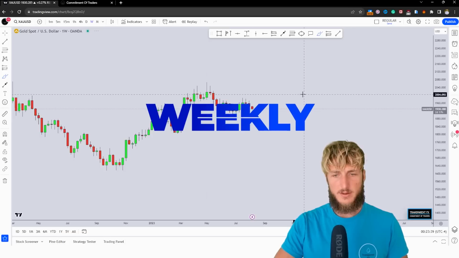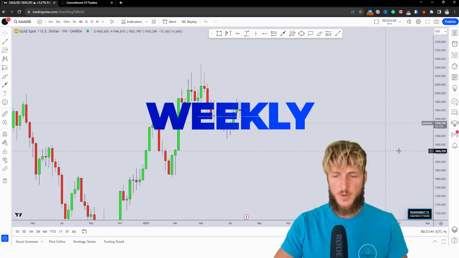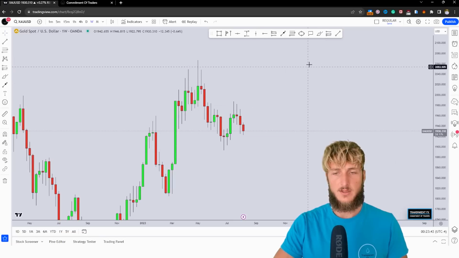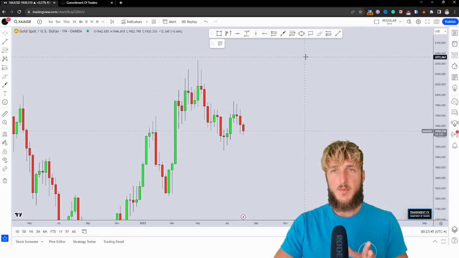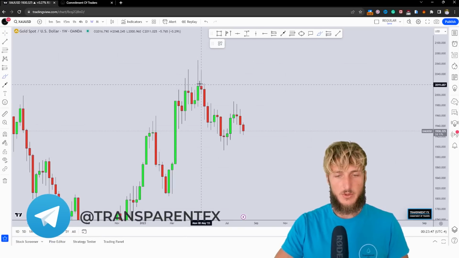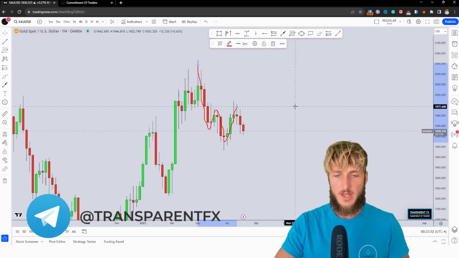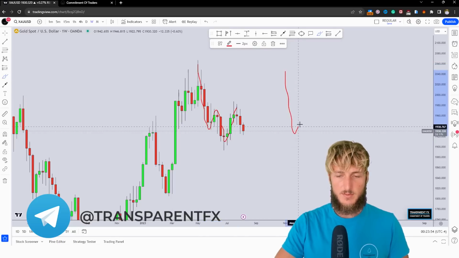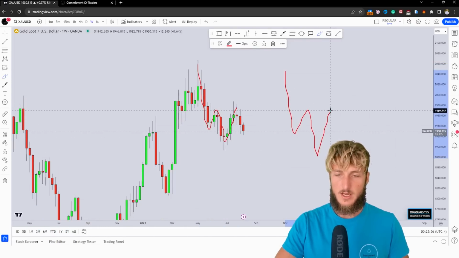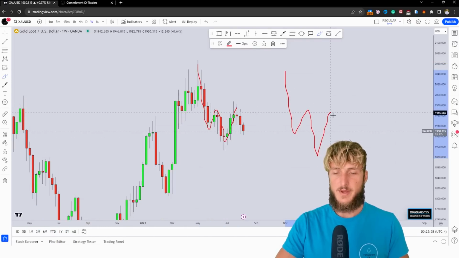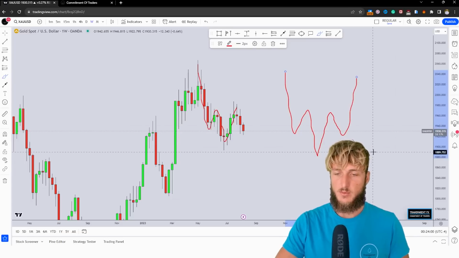Dropping down on the weekly time frame, what do we have? Now, from a weekly perspective, things start getting quite interesting. In fact, from a pattern standpoint, what we can notice is that we had an impulse correction, lower low and equal high. Now, generally speaking, when you have an impulse correction, lower low and equal high, after that, what you would expect is a correction before then having a move to the upside.